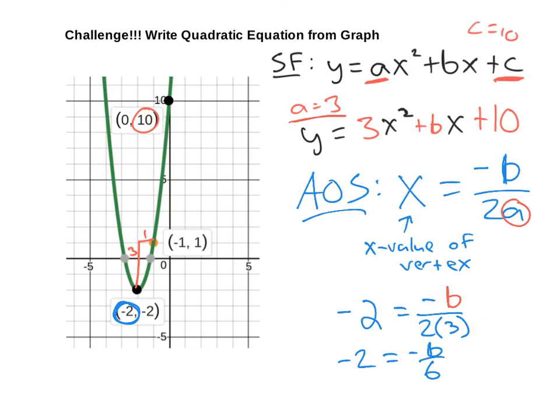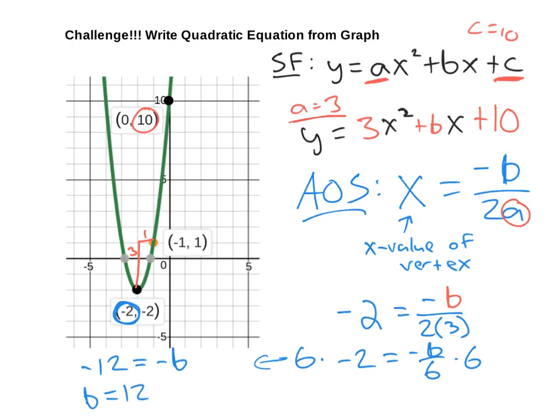How do I undo that? Oh, wow. How do I undo that? Multiply by 6 on both sides. Okay, that's going to give me, put it over here, negative 12 equals negative b. And then what? Divide by negative 1 and you'll get B is 12.